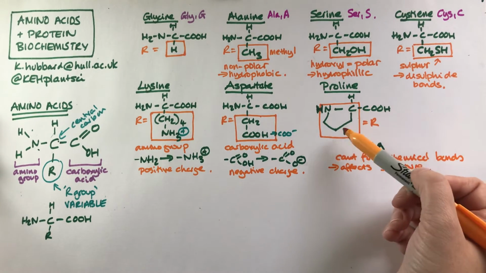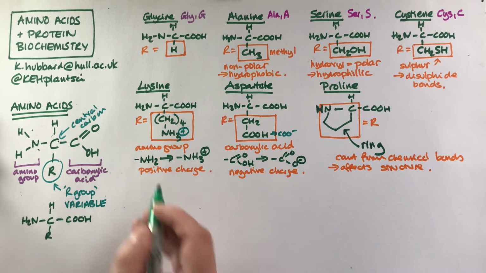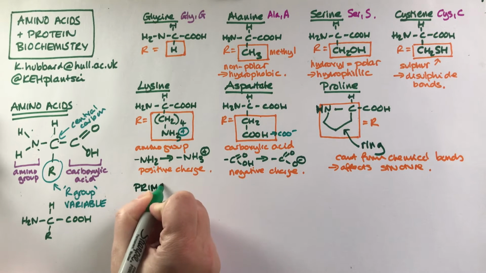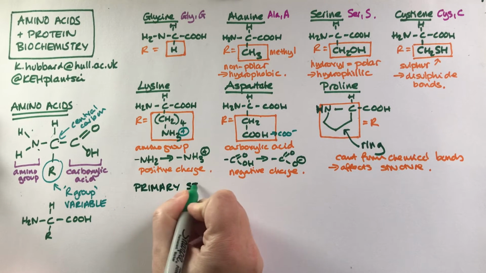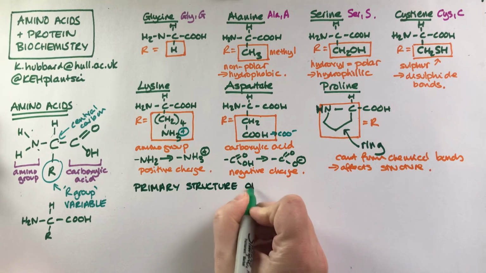This one ends up pointing in a very specific direction when we form a long chain of amino acids. So let's have a look at how that might work in terms of the primary structure of proteins.